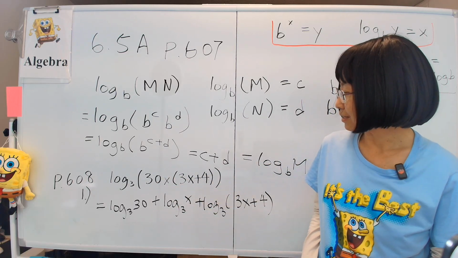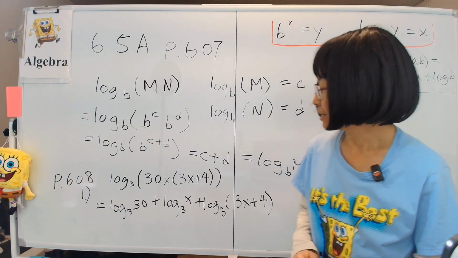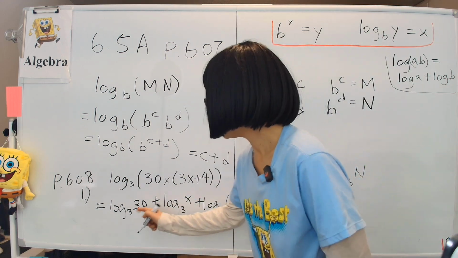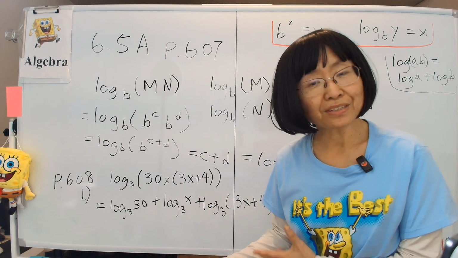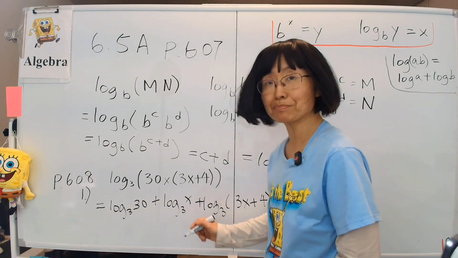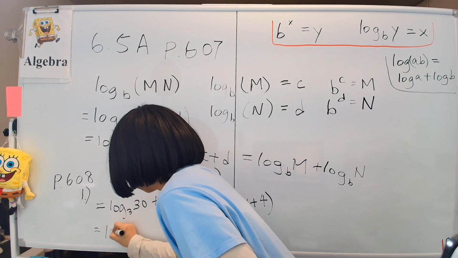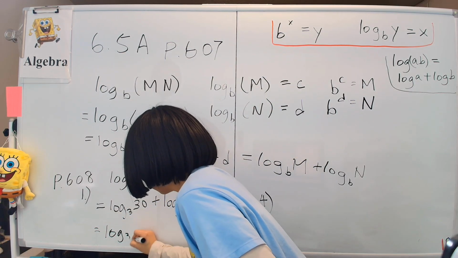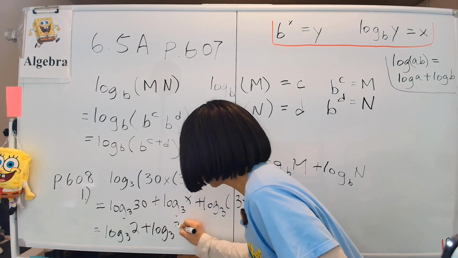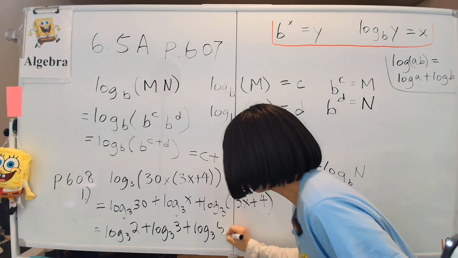So we have this. Now this is not the answer in the back of the book, because the book wants you to break this stuff even further. Fine, let's do it. What is 30? 30 is 2 times 15, which is 2 times 3 times 5. So the book wants you to break that up too. So that equals log of 2, plus log of 3, plus log of 5.